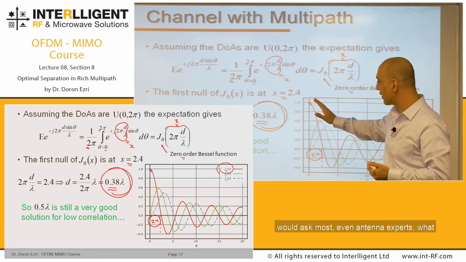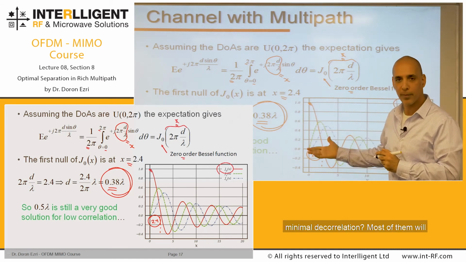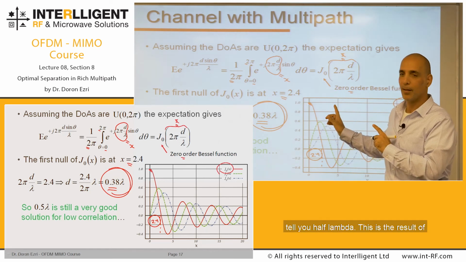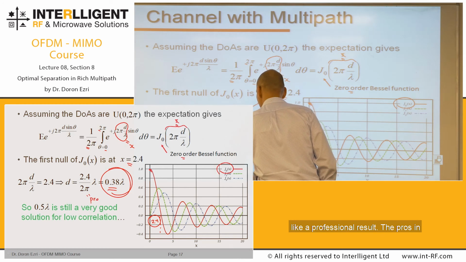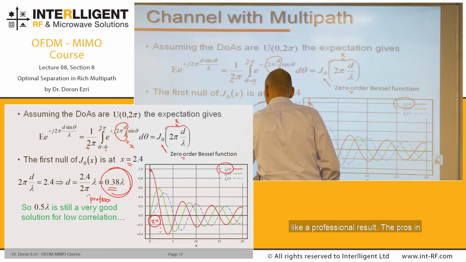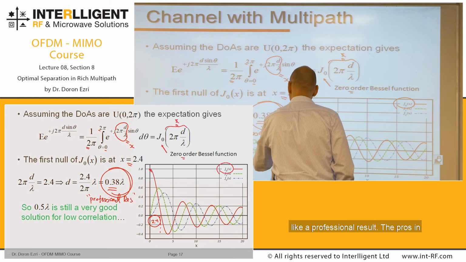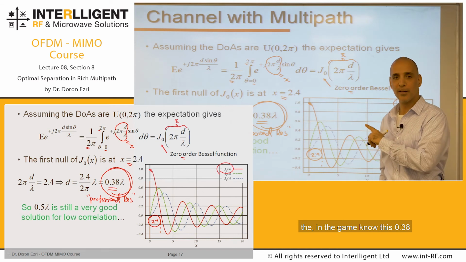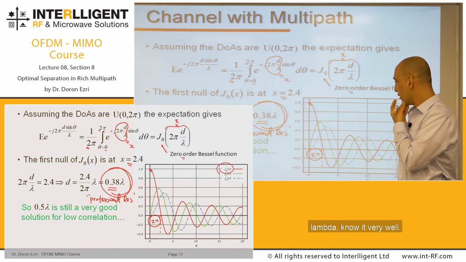If you would ask even antenna experts what separation is required for minimal correlation, most of them will tell you half lambda. The pros in the game know this 0.38 lambda very well.